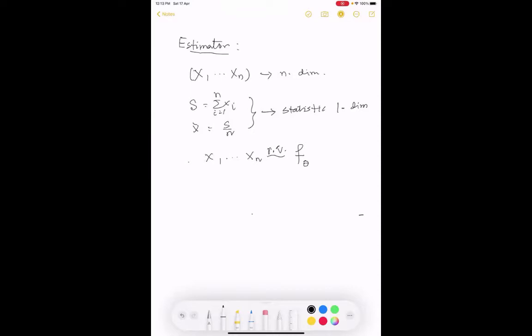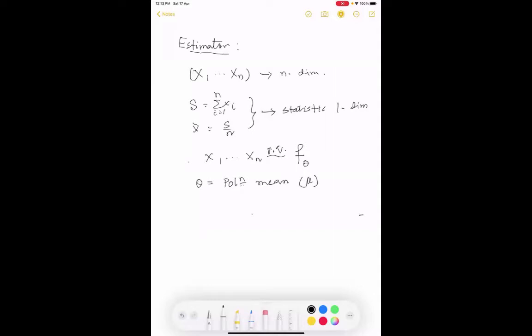So suppose I'm interested in the population mean, suppose theta is equal to the population mean. Generally we denote it with mu.